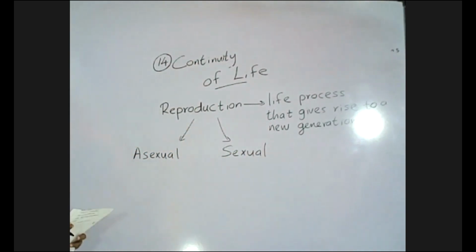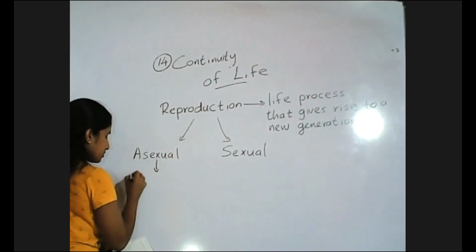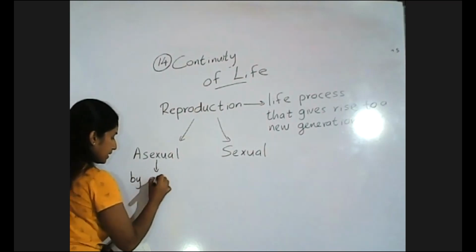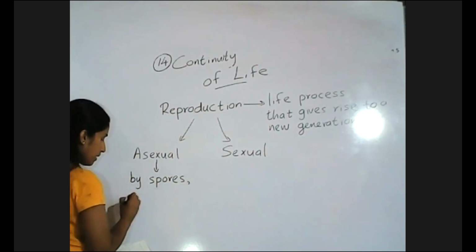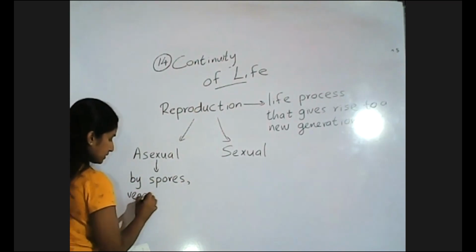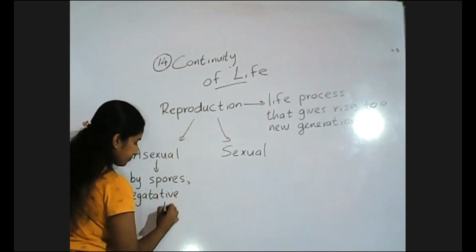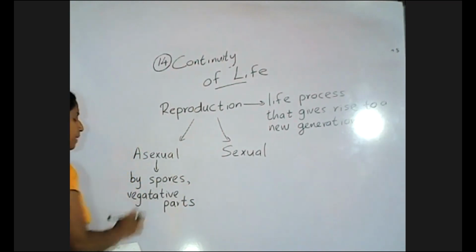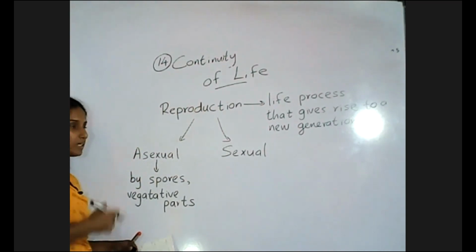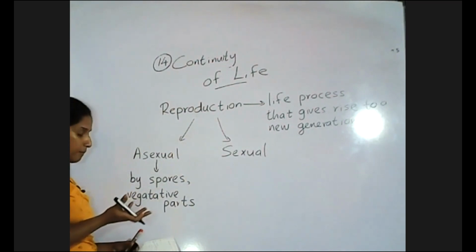Asexual reproduction and sexual reproduction. Mostly, the asexual reproduction occurs by spores or by vegetative parts, that means the growing parts of a plant.